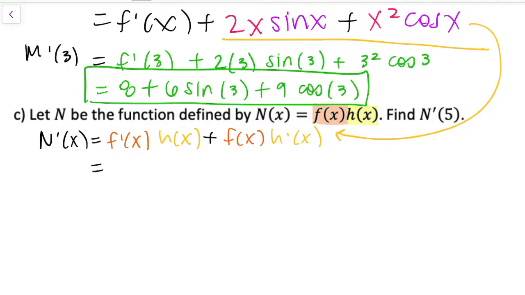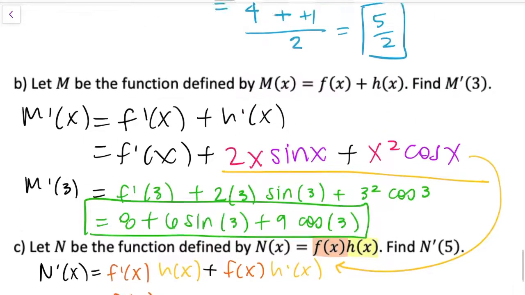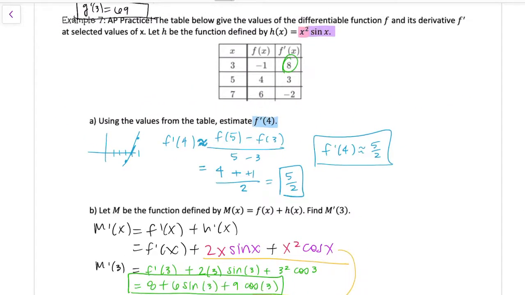So we've got f prime of x times h of x. Well, I would say let's go ahead and write in what h of x is.